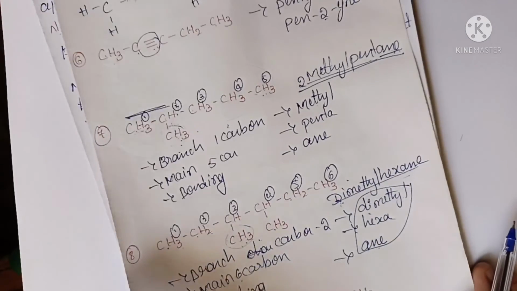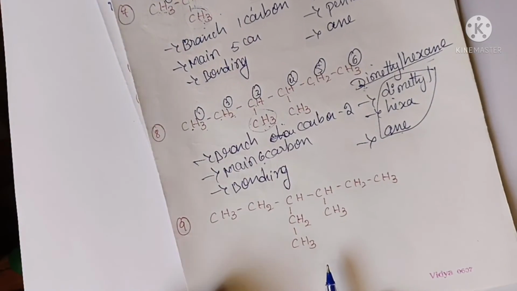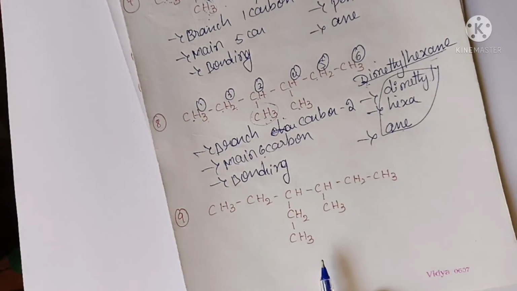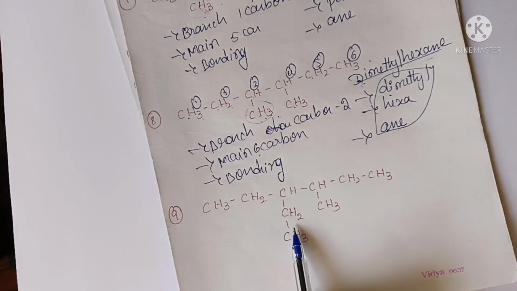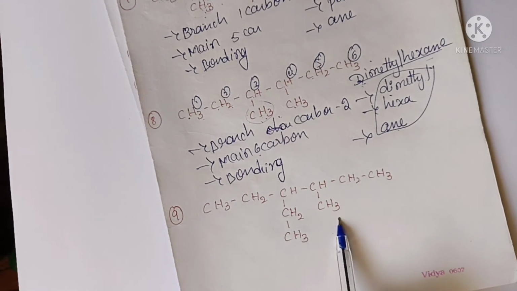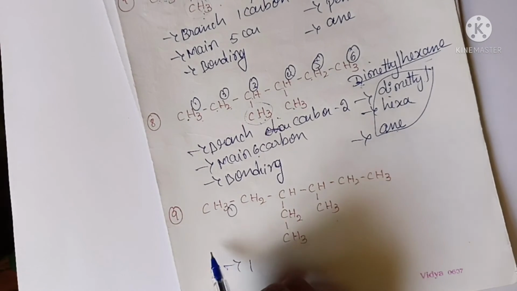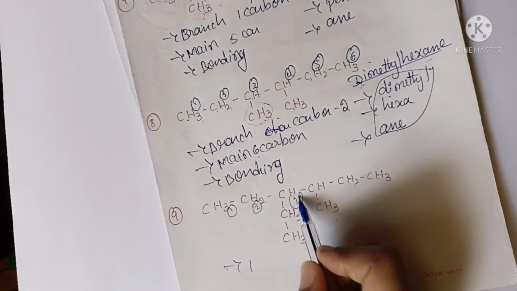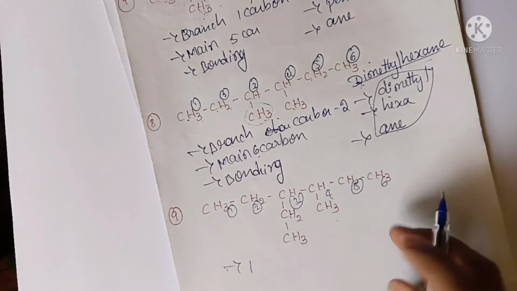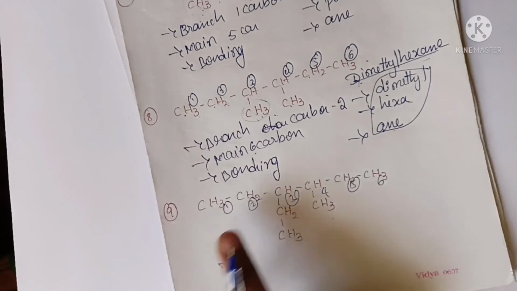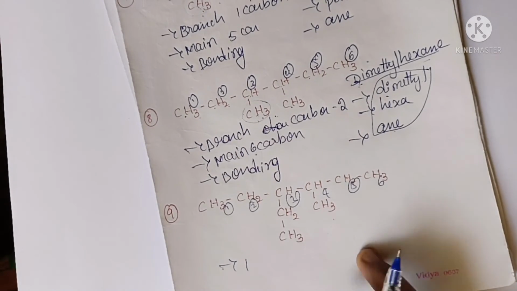Okay, and the last example I took for you: see how many branches there are. There are two branches here. So name it 1, 2, 3, 4, 5, 6. If you number from the other side, it will come out the same.